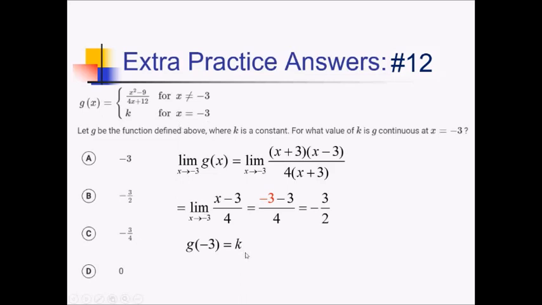So there's our function value. K is a constant, so that means it exists. So the only other piece here is that the limit and the function value have to equal each other, which means we can say that k and -3/2 are equal to each other, which means k is -3/2, choice B.